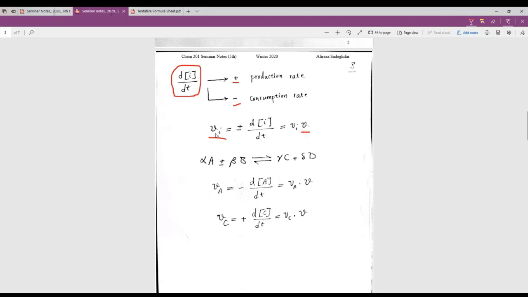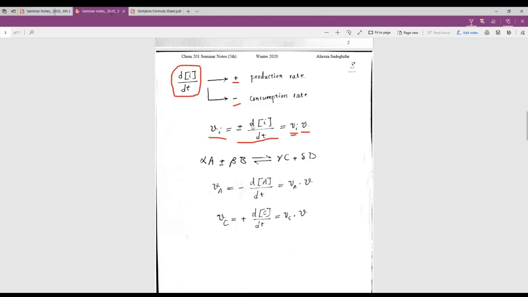So these two are different, but they are proportional, and the proportionality constant is the stoichiometric coefficient for species I in the reaction. So the rate of consumption or production of species I is the slope here, but with a positive or negative sign, because rate must always be positive. So rate should be positive.